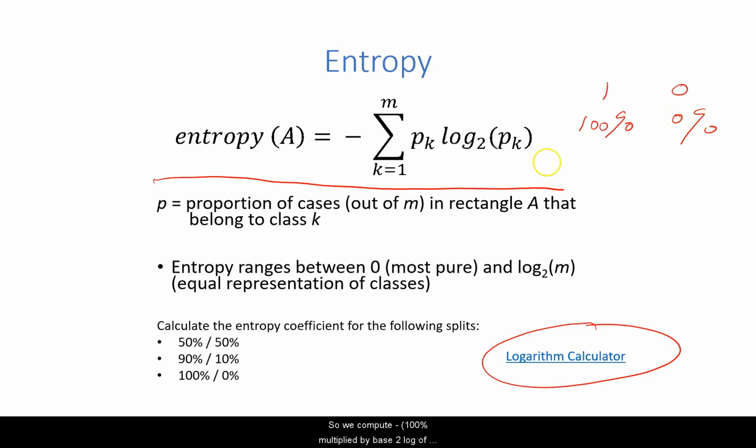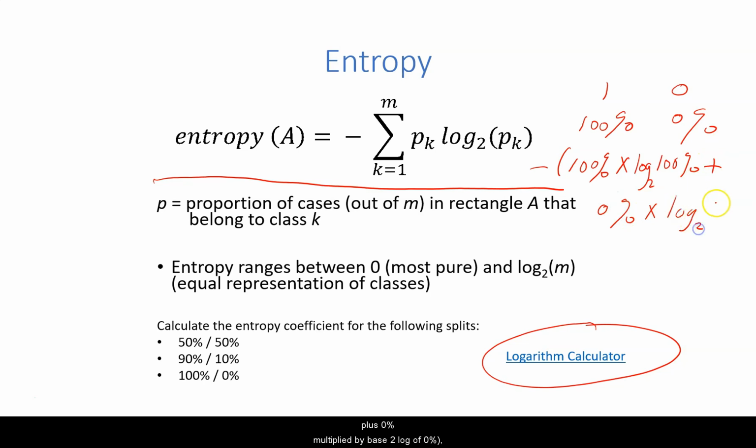So we compute negative 100% multiplied by the base 2 log of 100%, or 1, plus 0% multiplied by the base 2 log of 0%.